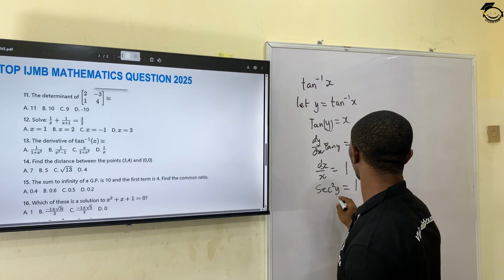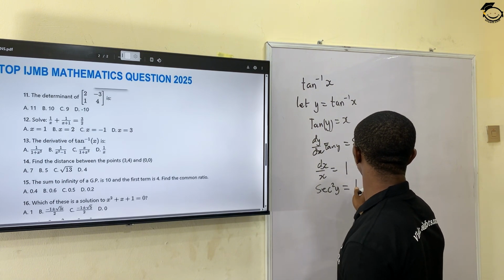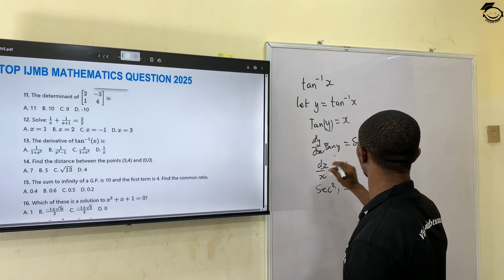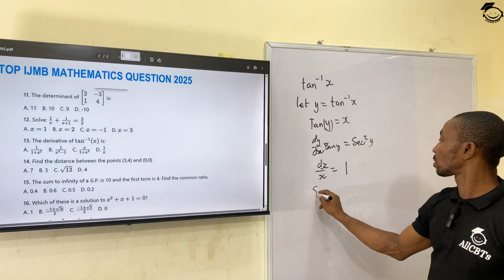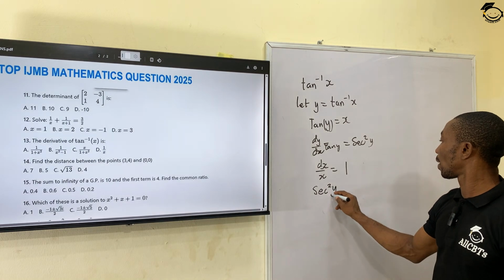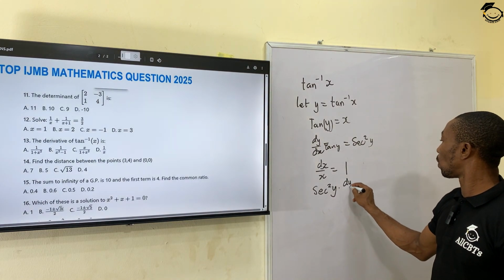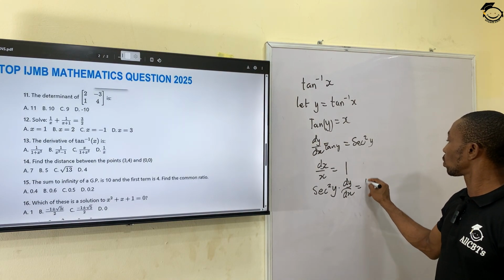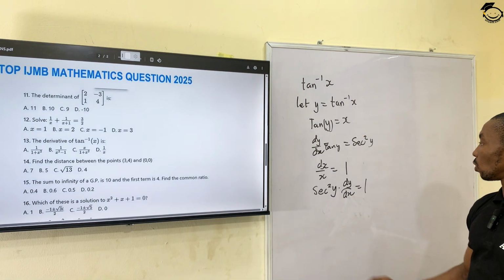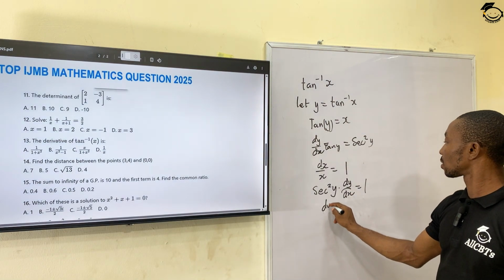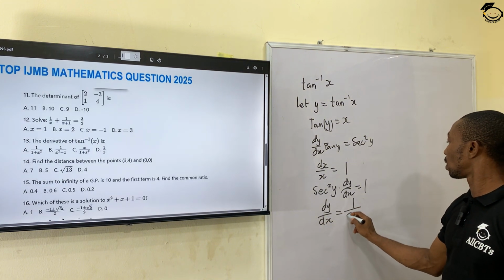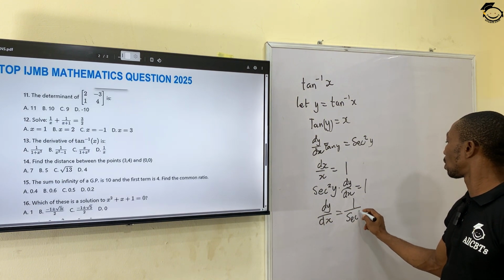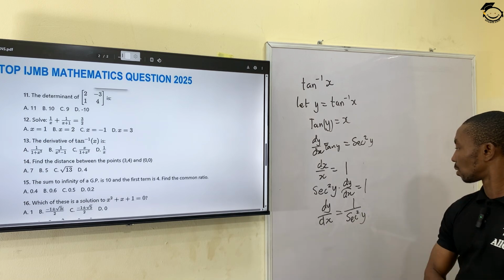So now we can input these two to become sec squared y times dy/dx equals 1. So our dy/dx will be 1 over sec squared y.